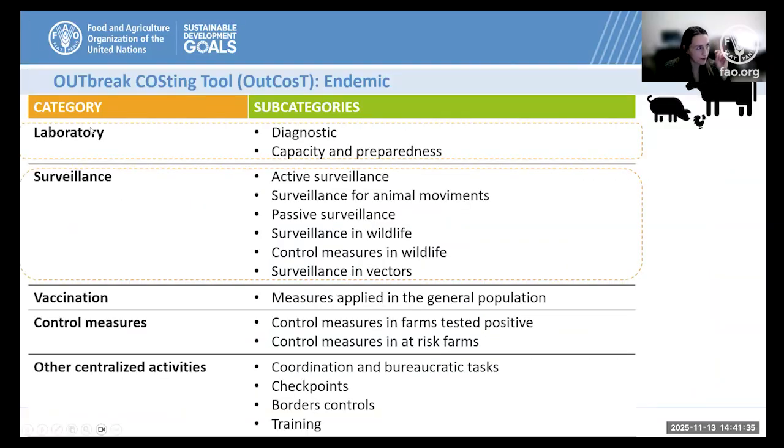And here are the categories that you can see. We have this part of laboratory, and we added more information on the surveillance part. And also we have the vaccination control measures and other activities.